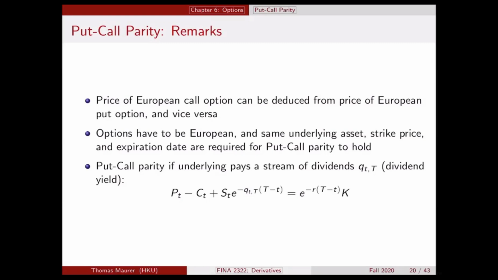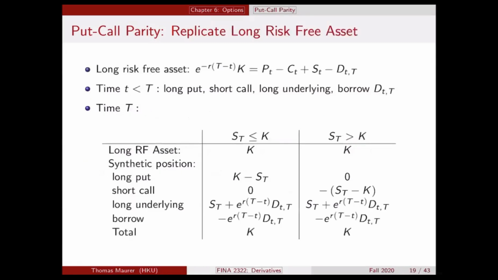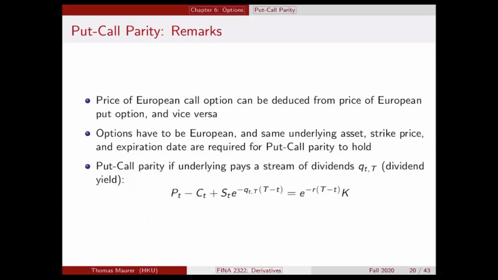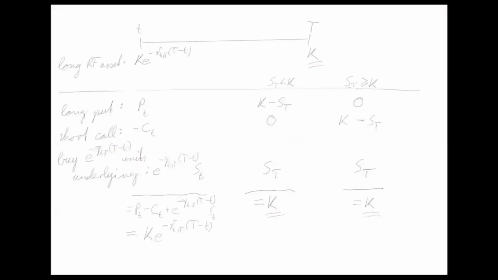So you can derive the put-call parity either with discrete dividends paid between time small t and time capital T, and then you deal with the dividends by borrowing against these dividends, or you can derive the put-call parity if you have a flow of dividends as a percentage of the underlying price, and then you deal with the dividends by buying not exactly 1 unit, but e to the power of minus q times capital T minus small t number of units, and reinvesting all the dividends in the underlying asset so that you end up exactly with 1 unit at the maturity.